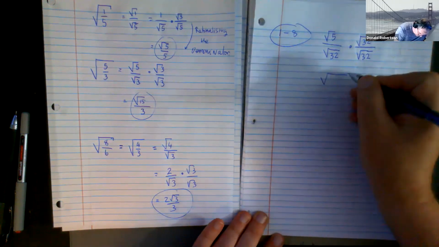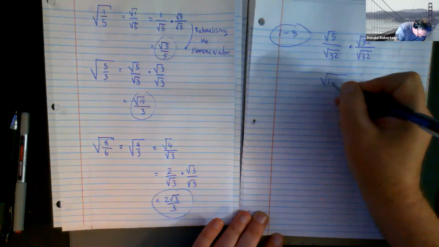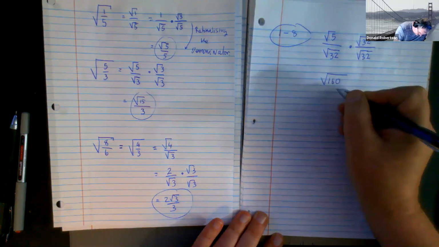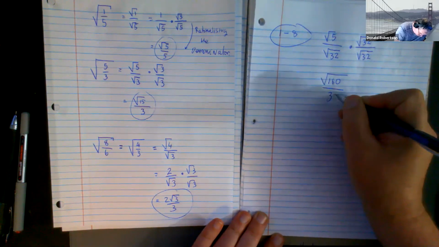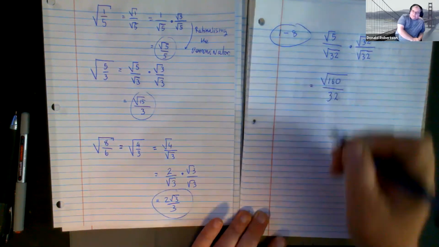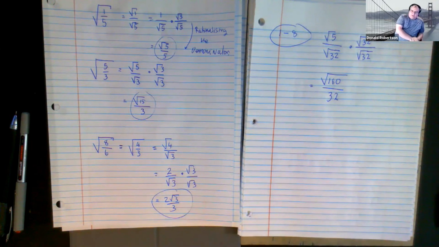Now 5 and 32 get me 160, and this guy is 32. So far, so good. Now we've hopefully dealt with square roots enough to recognize when there's a square root that might be simplified.